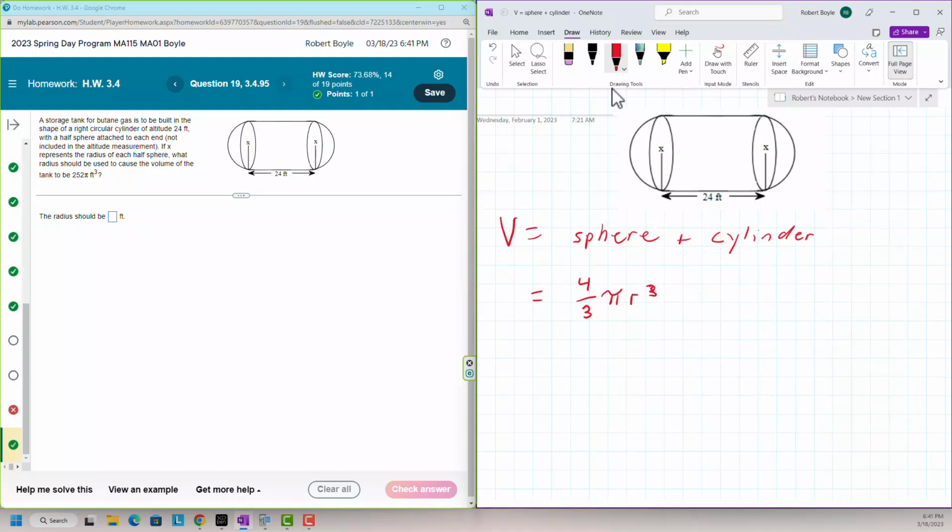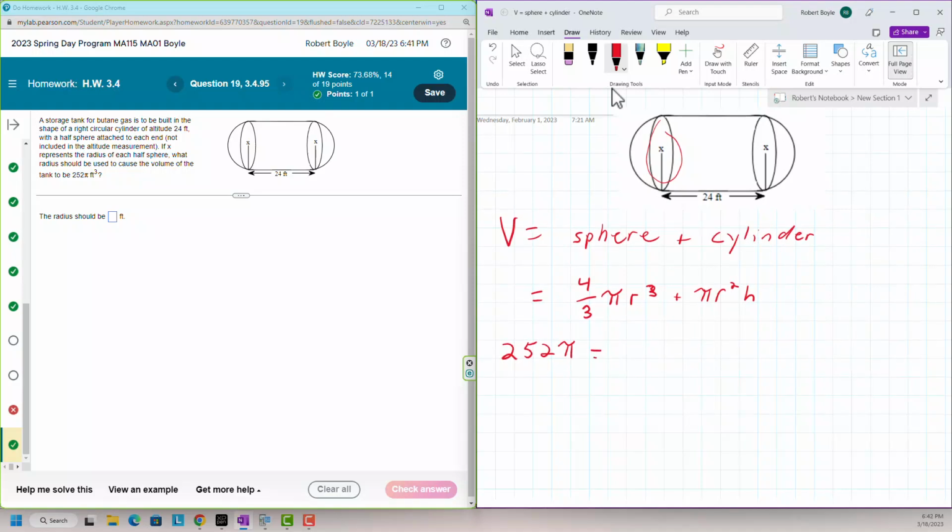There we go. And the volume of a cylinder is equal to the area of this circle right here, which is pi r squared times its altitude, or its height, or in this case I guess we could say its length, which we can call h. Okay, now we know that we want our volume to be 252 pi cubic feet. 252 pi.